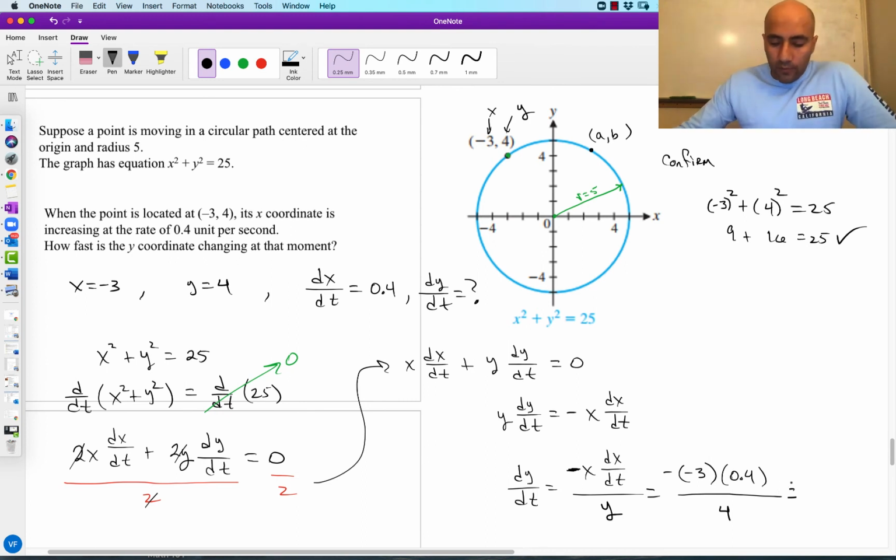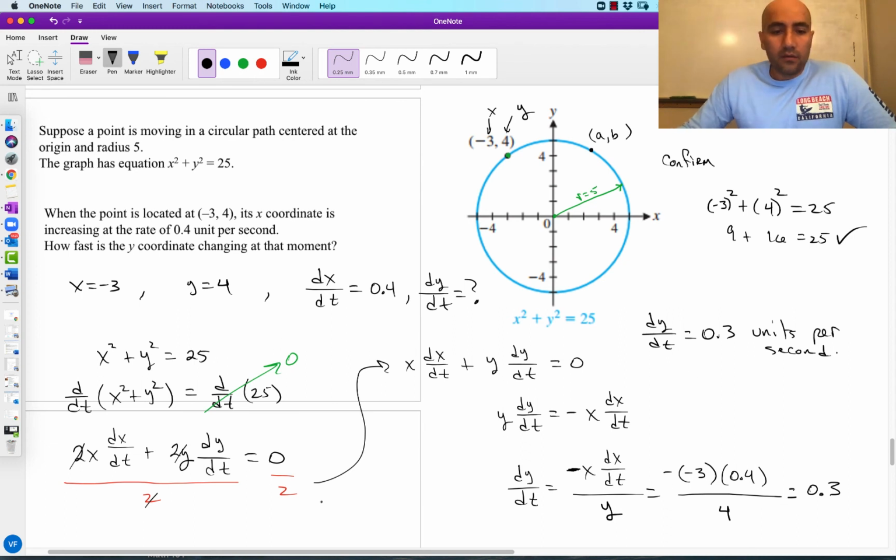So now if we multiply that all together, we should get that this is equal to 0.3. Okay. So bring it together, dy/dt equals 0.3 units per second. So the y-coordinate is increasing.